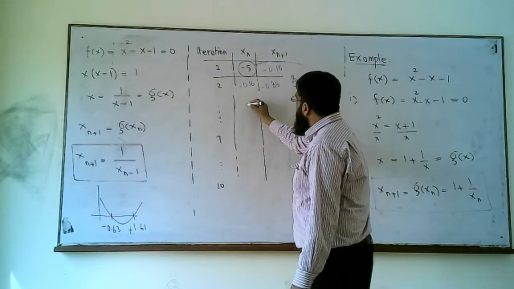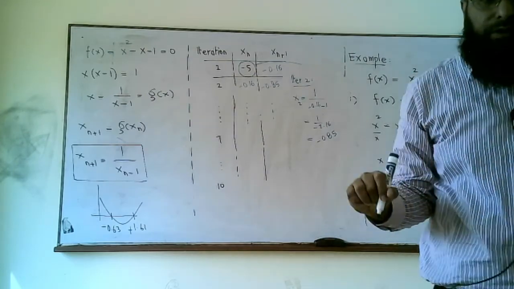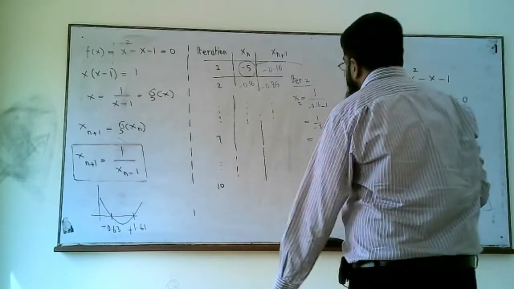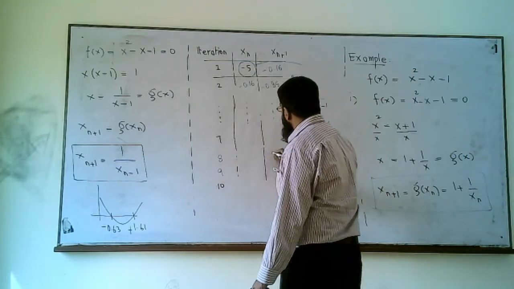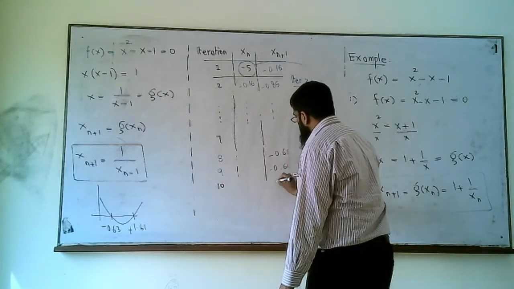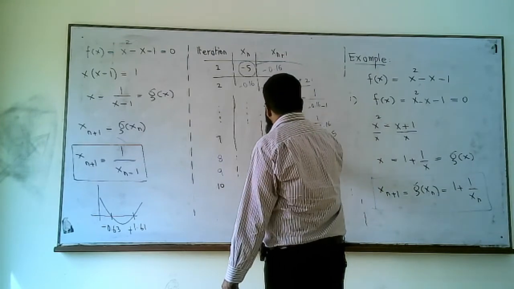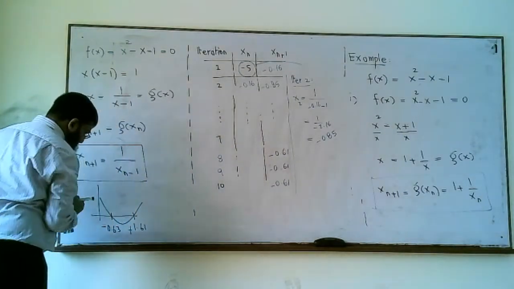My Python code runs for 10 iterations, and in the last 3 iterations, 8, 9 and 10, this comes out to be minus 0.61. It seems to be converging at this point, which is a very special point because it's the root, minus 0.61 rather than minus 0.63.